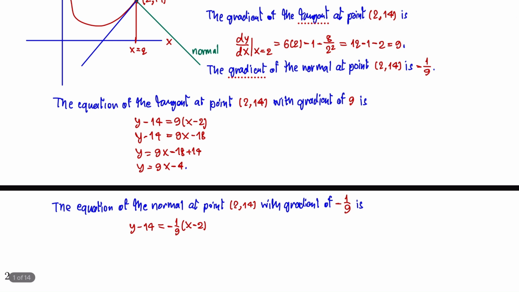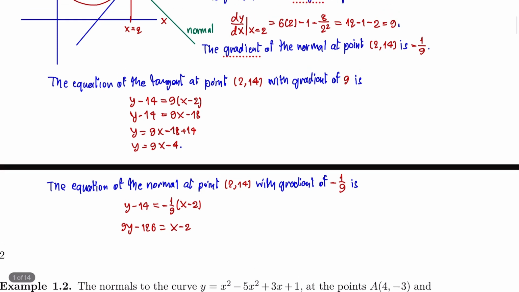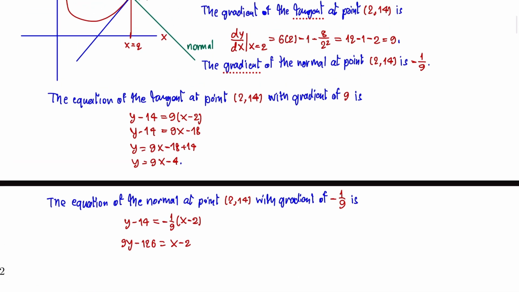We distribute the minus 1 over 9, and I want to multiply by 9 on both sides, so we have 9y minus 9 times 14, which is 126, equal to minus x plus 2.